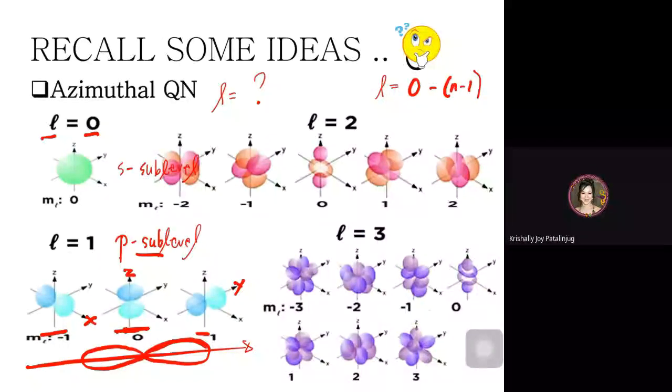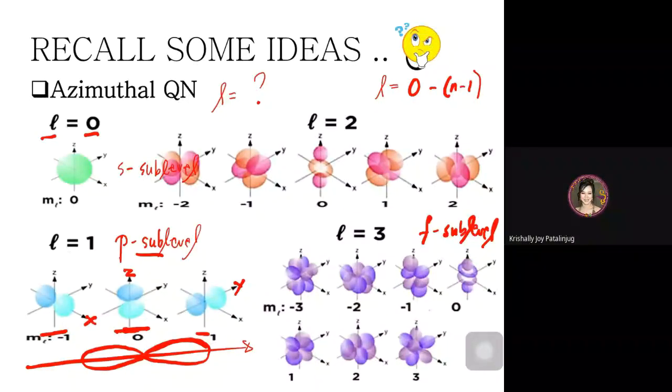If l is 2, that is the d sublevel, which looks like a clover shape. If l is 3, we have the seven orientations for the f sublevel, whose shapes look perpendicular to each other.